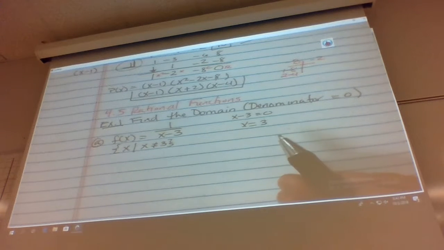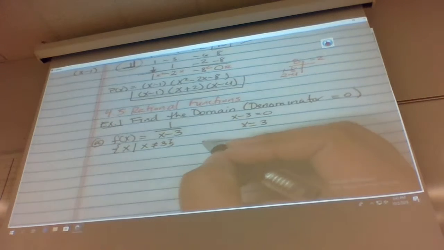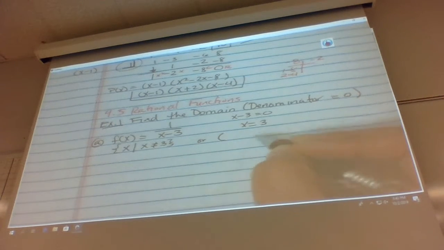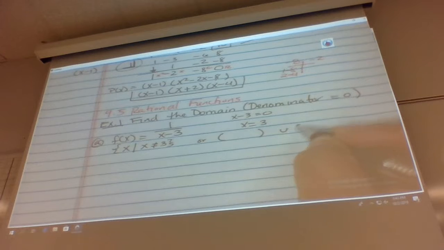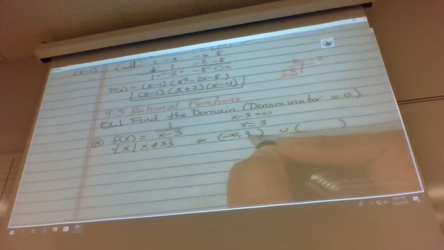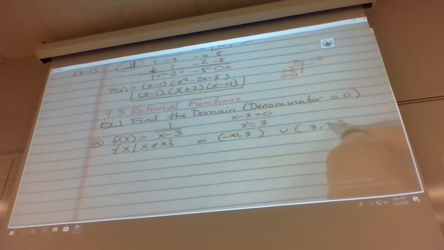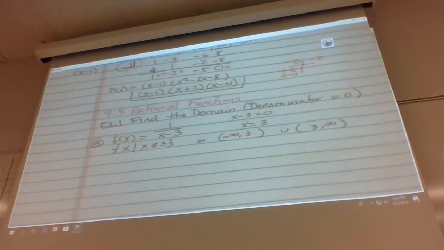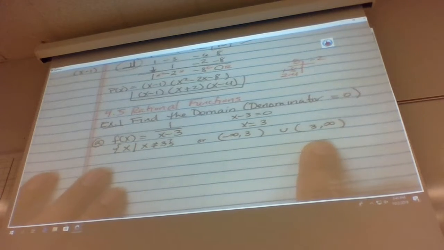Negative infinity to 3, union 3 to infinity. So we've done this part before, the domain part. It's just that now you're going to use it to find the vertical asymptotes.